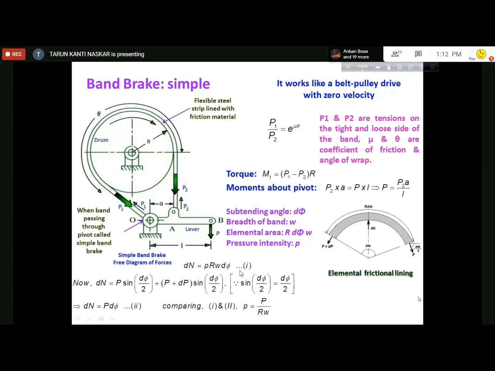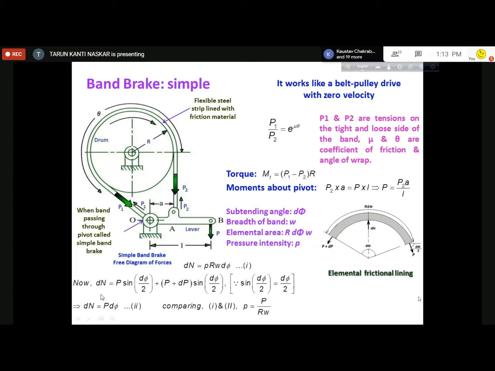Now we develop this equation. From this figure, dN will be equal to p R W d phi. This is the normal force.